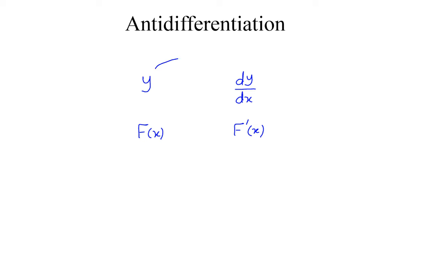So from here you differentiate, you get dy by dx and f dash. The reverse process to this, or the opposite process, is called antiderivative or anti-differentiation.